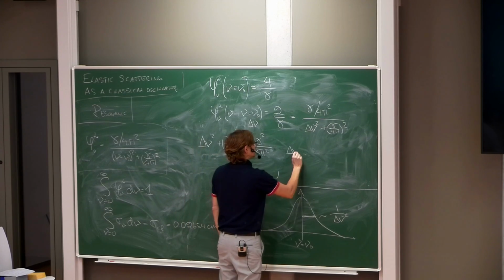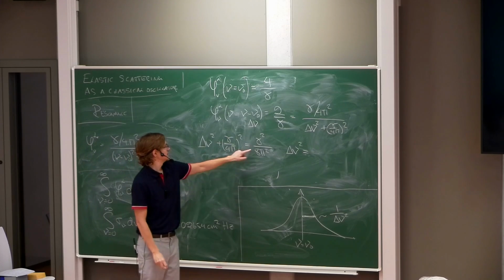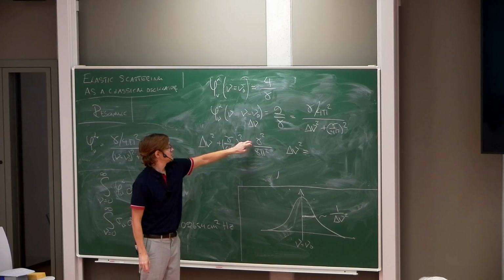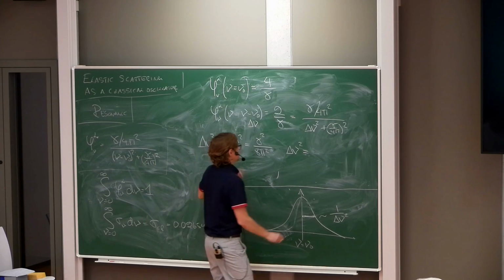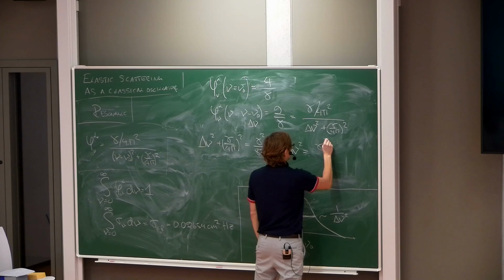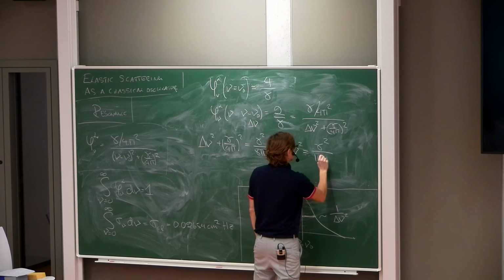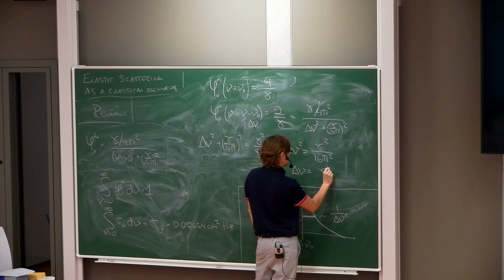So delta nu squared is going to be that one, and then minus, so this would be 2/16, right? And this would be 1/16, so we're going to have 1/16 left. So gamma squared divided by 16 pi squared, or delta lambda is going to be lambda divided by 4 pi.